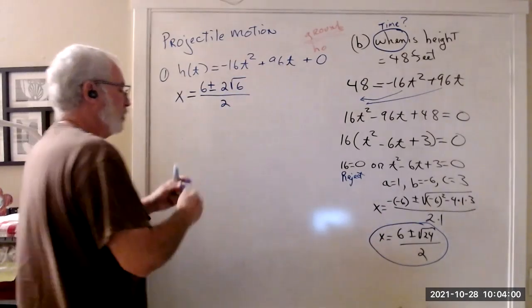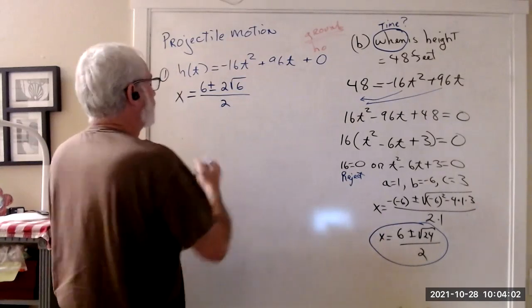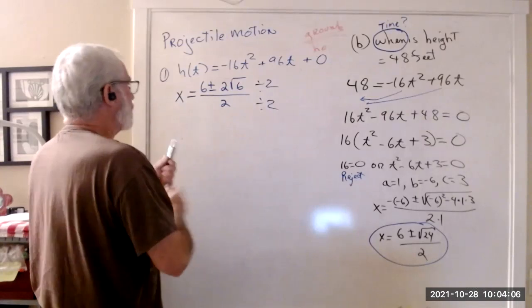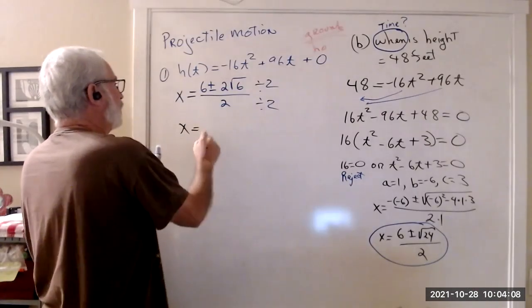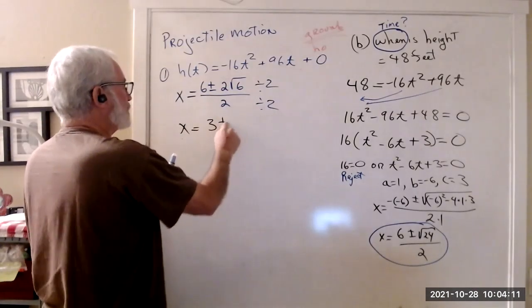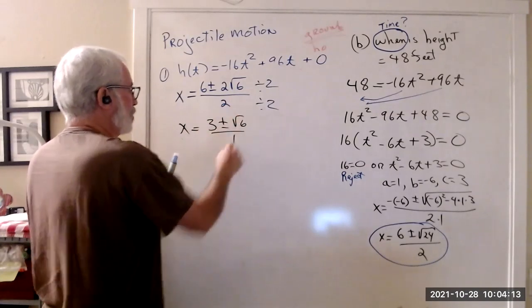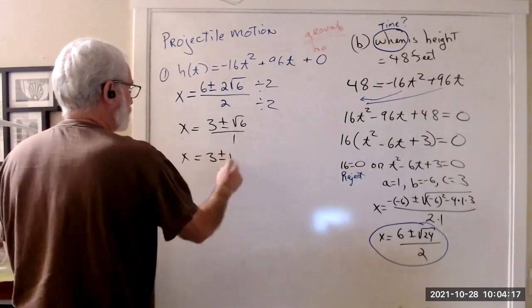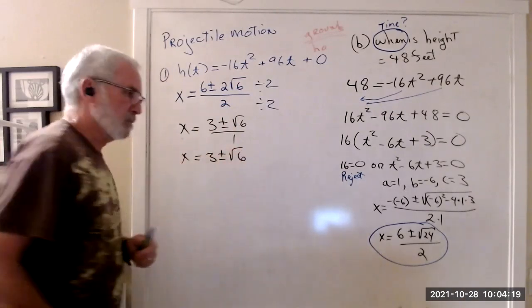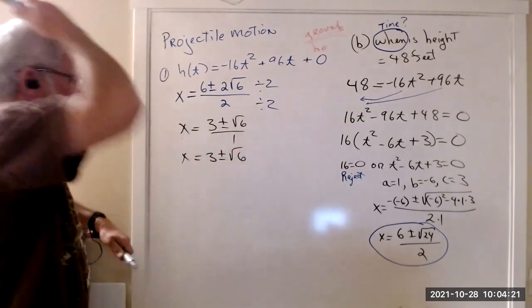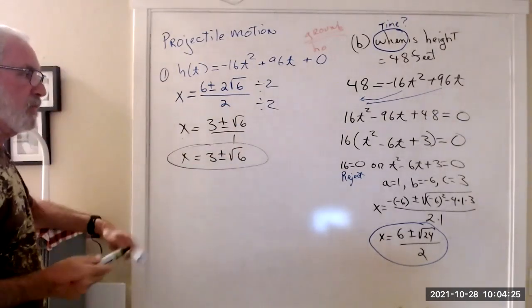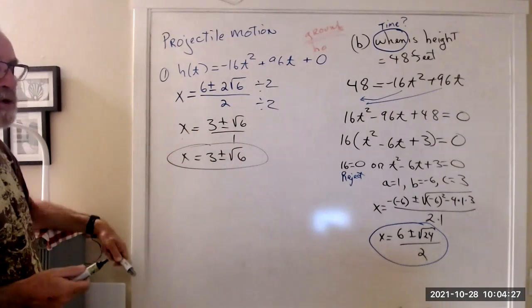It reduces. I can divide top and bottom by 2. So x is 3 plus or minus the square root of 6 over 1, which is just 3 plus or minus the square root of 6. And that kind of is a follow-up on the quad formula.